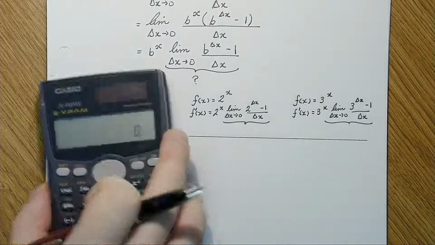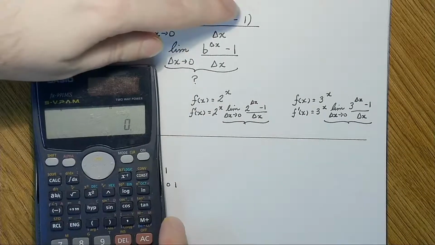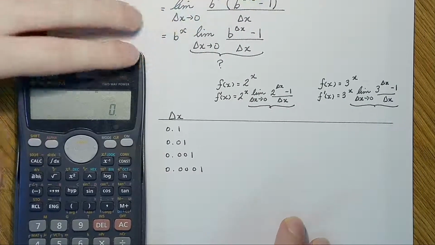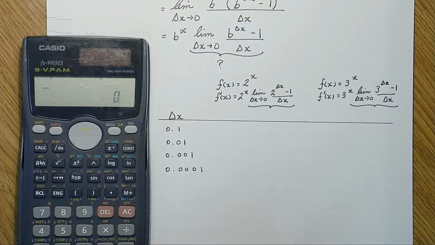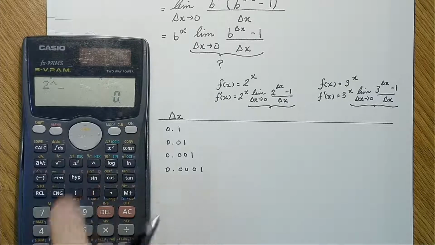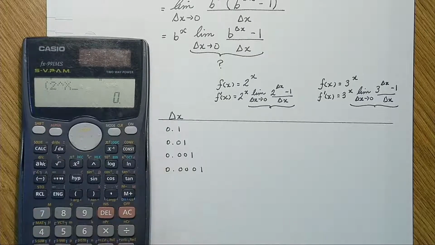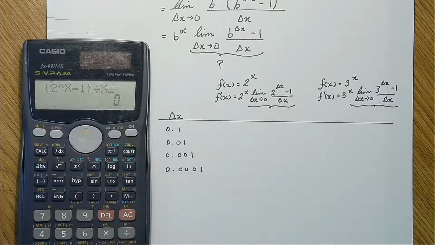Now I'll pull out my calculator, which is going to help do some of the calculations. Hopefully I remember how to use this calculator in particular. I'm going to use 2 to the x minus 1, divided by x, and we'll calculate it for 0.1.